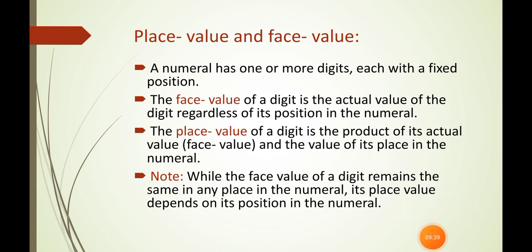If we consider one example for place value, 7,805, the place value of 5 is 5 as it is in the ones place. Note that while the face value of a digit remains the same in any place in the numeral, its place value depends on its position in the numeral.